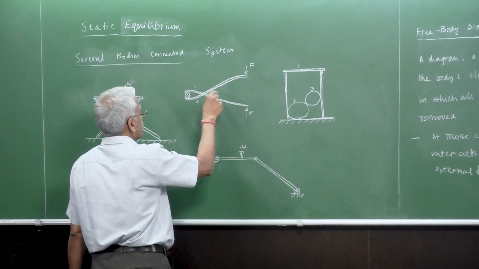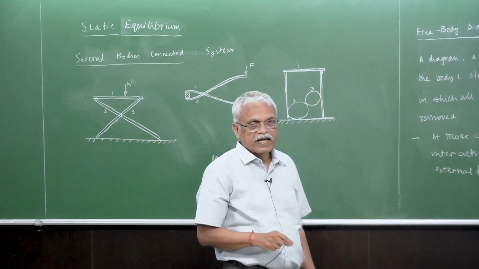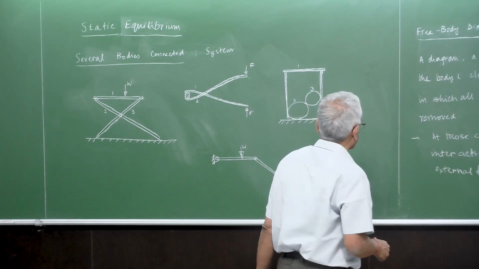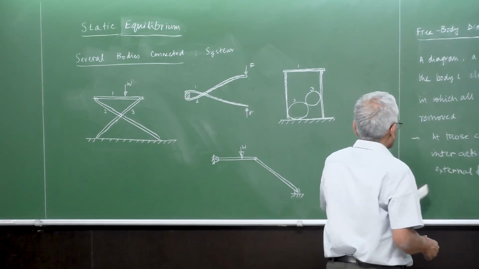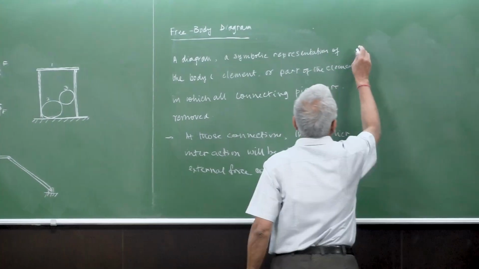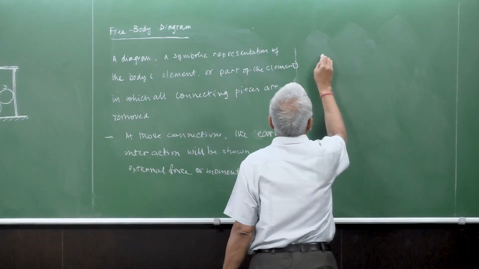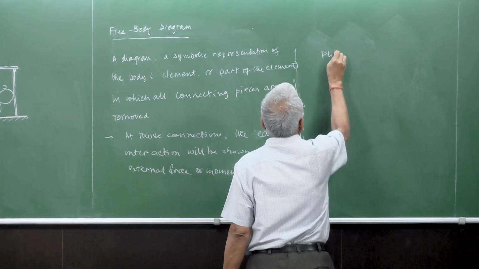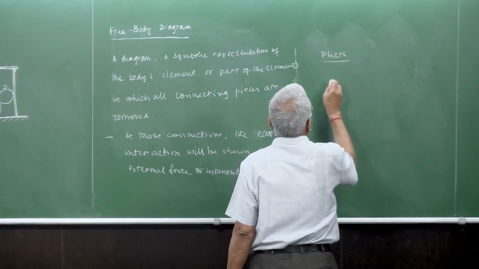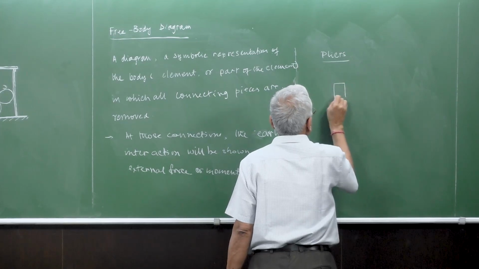Since it is removed, that holding force is now shown as an external force. I'll continue here. For the pliers, for example, you can draw the cylinder here. We can isolate the cylinder.